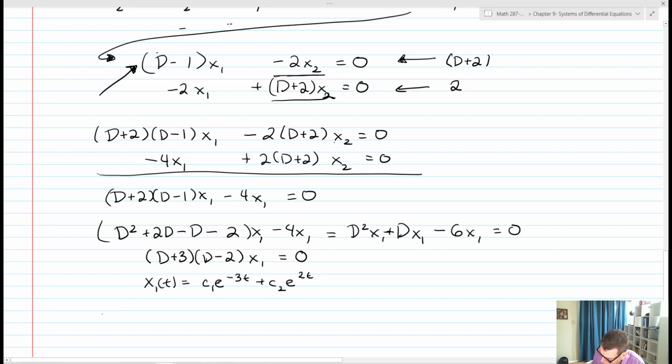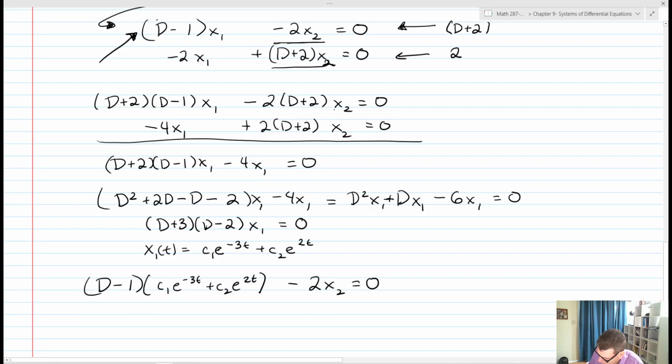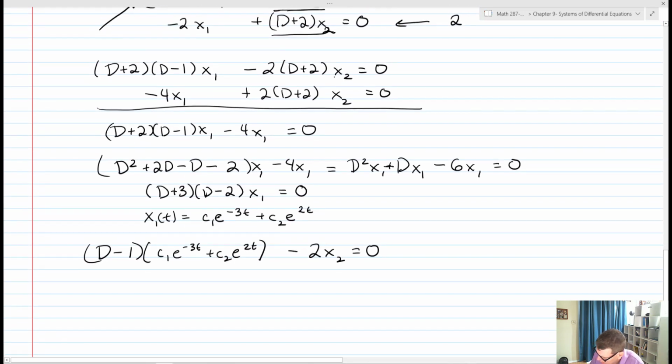So we're going to get (D minus 1) operating on c1 e to the negative 3t plus c2 e to the 2t, minus 2 x2 equals 0. What this is saying is we'll take the derivative of c1 e to the negative 3t plus c2 e to the 2t.